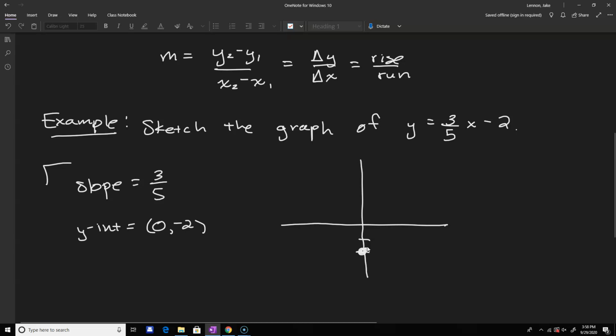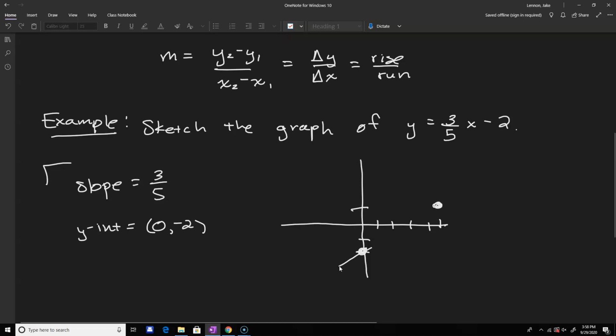Since the top number is 3 and the bottom number is 5, that means if we move up 3 in the vertical direction and to the right 5 from the point that we already have on our line, we should find another point on our line. So if we go up 1, 2, 3 and right 1, 2, 3, 4, 5, then this point should also be on the line.